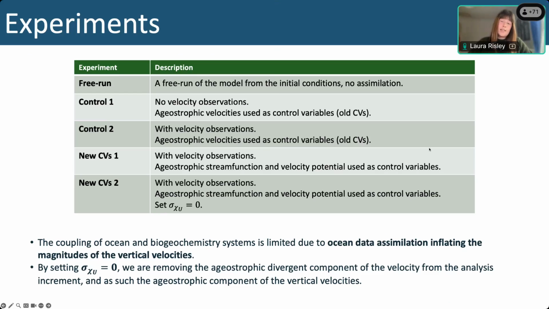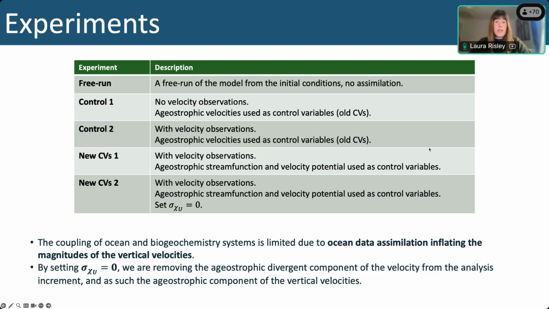But the difference with the second experiment is that we have set the standard deviation of velocity potential to be 0. So as you will recall from the beginning of my presentation, the coupling of ocean and biogeochemistry systems is limited due to the fact that ocean data assimilation inflates the magnitude of these vertical velocities.